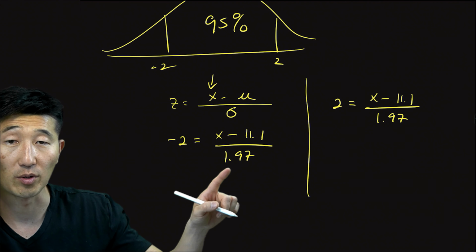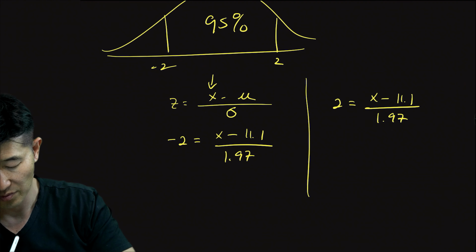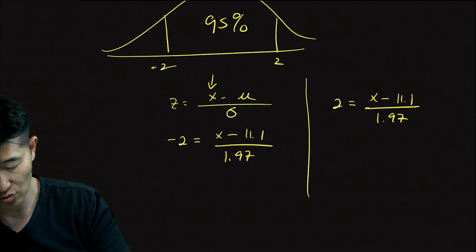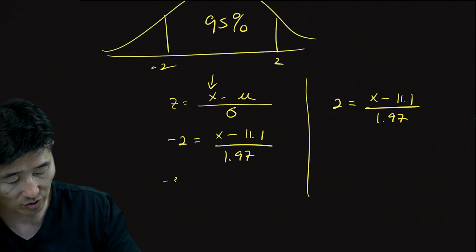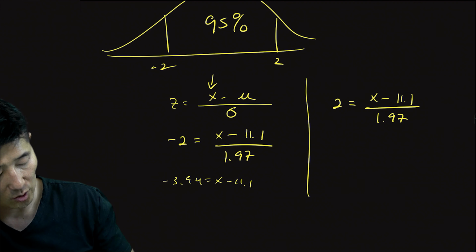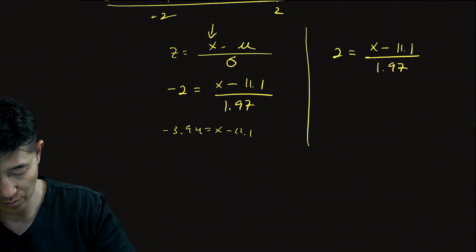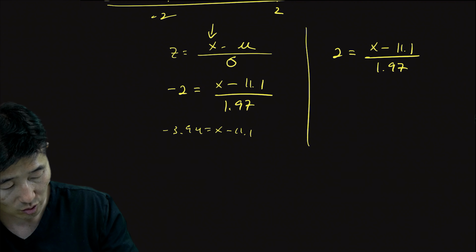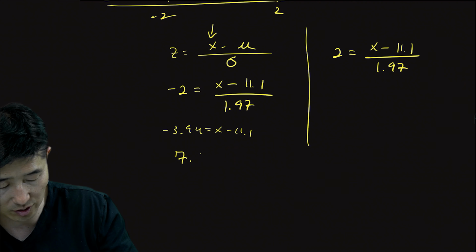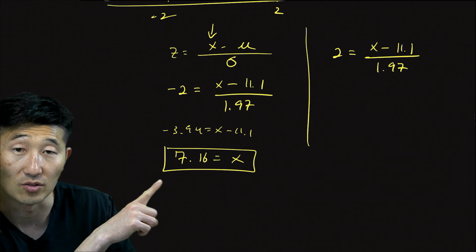Okay, now it's just algebra. Multiply both sides by 1.97 and then add 11.1. So -2 times 1.97 is -3.94, and then we add 11.1 to both sides. So cats 2 standard deviations to the left are 7.16 pounds.